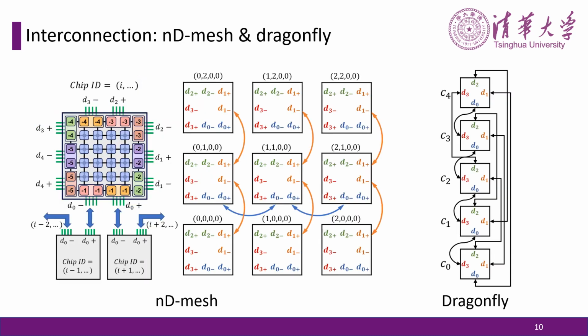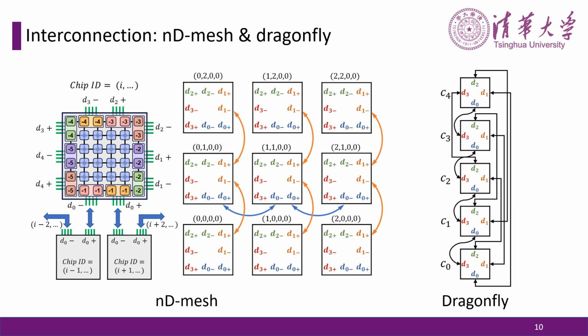Another typical topology is ND mesh. As shown in the figure, chiplets can be connected into an ND mesh by clustering interfaces into 2N groups. The dimension of the interface group grows along the edge ring. Each dimension has two directions, negative and positive. Chiplet-to-chiplet links connect the positive and negative interfaces of adjacent chiplets in the same dimension.